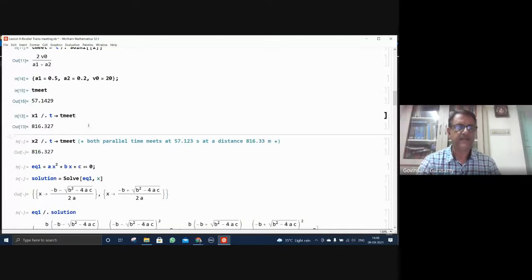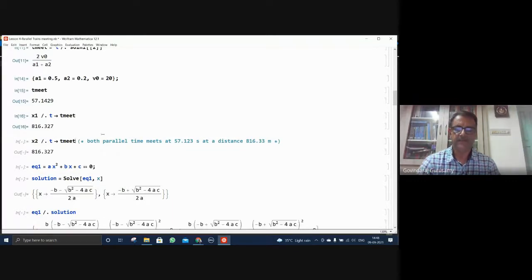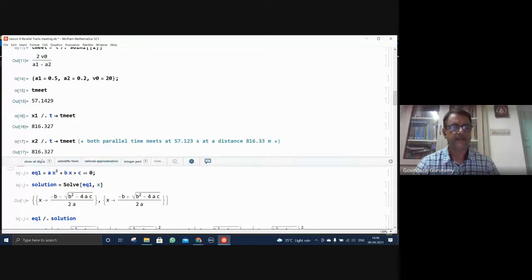I have done that, which means 816.32 meters at the time of 57.14, they are meeting. This is the distance at which they are meeting at this time. Similarly, for x2 also you can find out, because it is their meeting point. Therefore, both will be the same. Is it not? Both would have the same displacement.